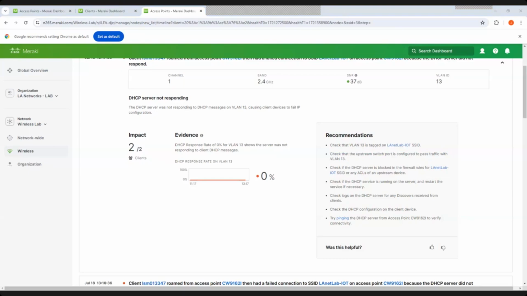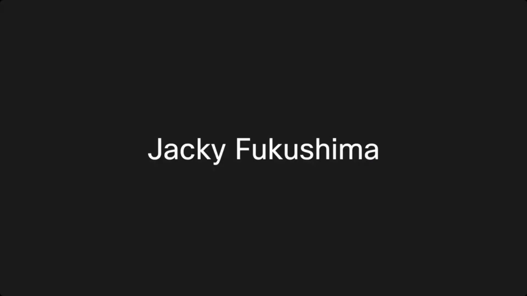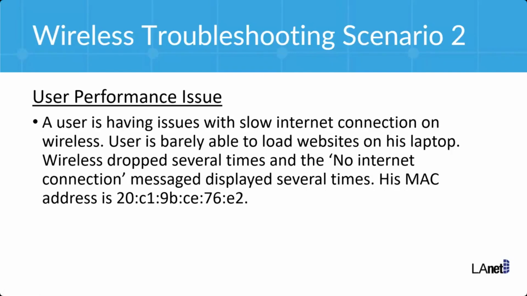Okay, so this one was harder to recreate, but it is a performance issue. The user is having issues with slow internet connection on the wireless. The user is barely able to load websites on his laptop. Wireless dropped several times, and you see the no internet connection message displayed on his device.